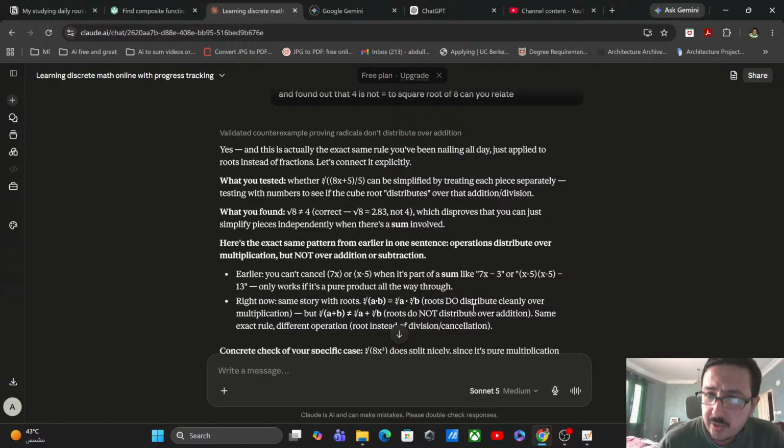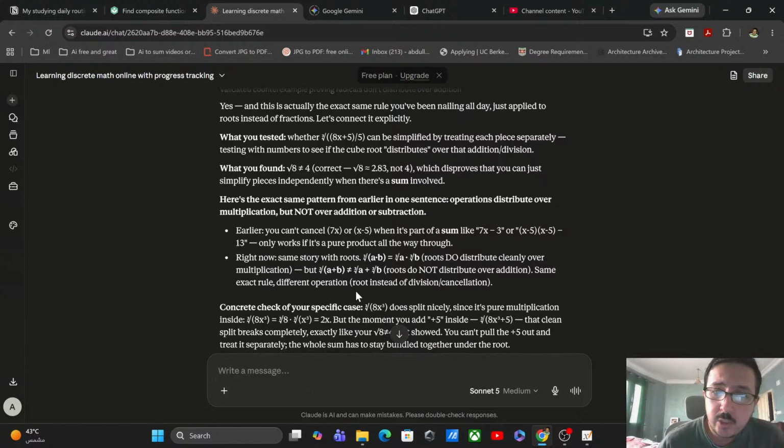Roots do distribute cleanly over multiplication, but roots of a plus b are not equal to roots of a plus roots of b, they do not distribute. Same exact rule, different operation. Roots instead of division, cancellation.